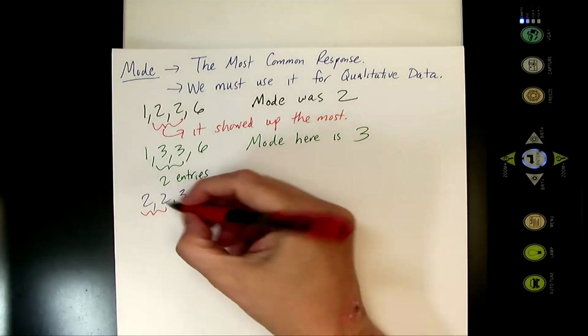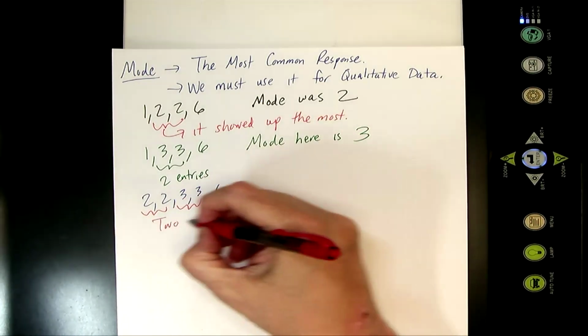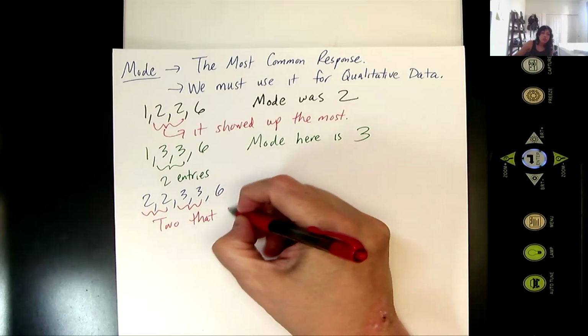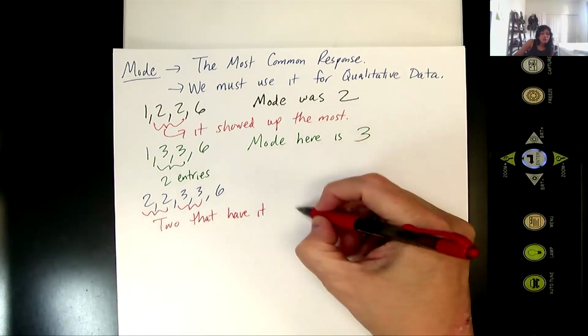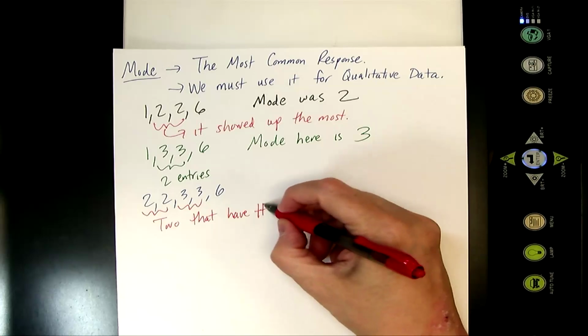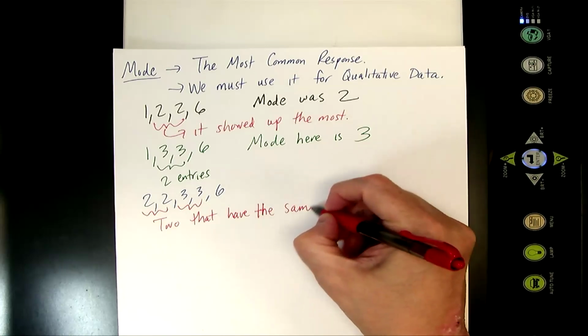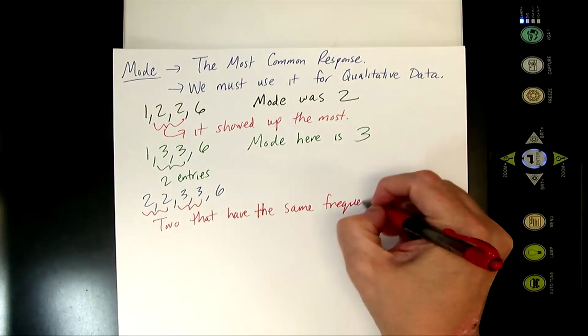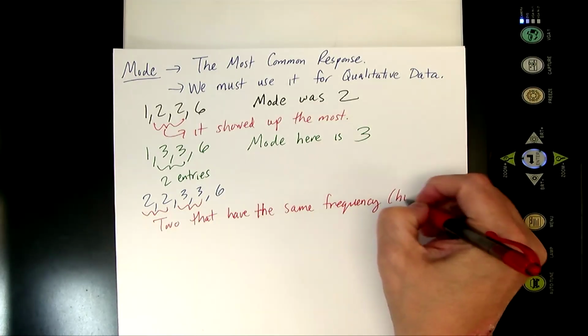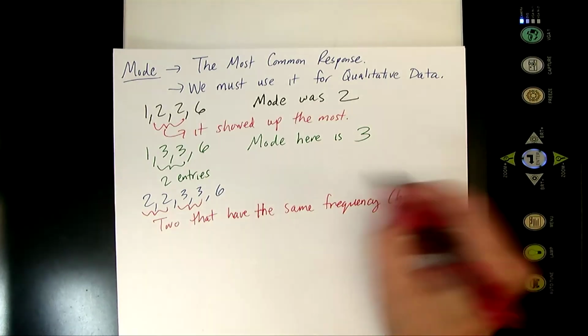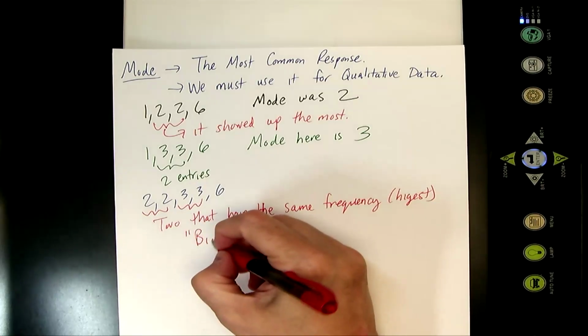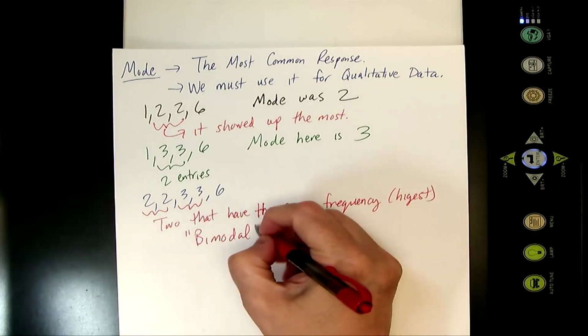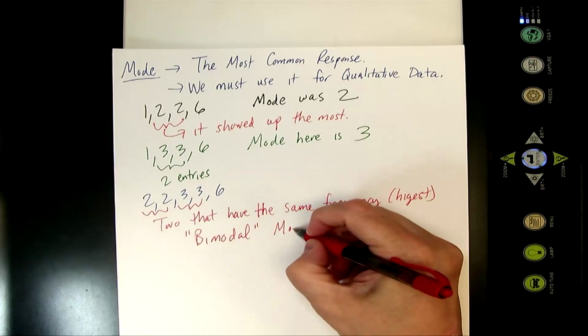If we have 2 that have the same frequency, and it's the highest, we actually call this bimodal. And you could say the mode is 2 and 3.